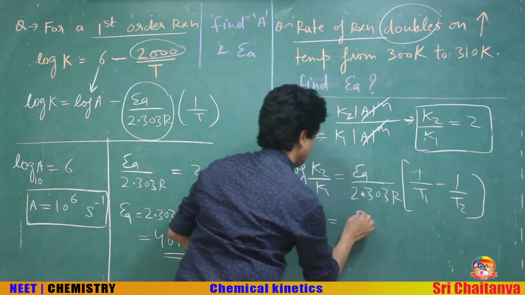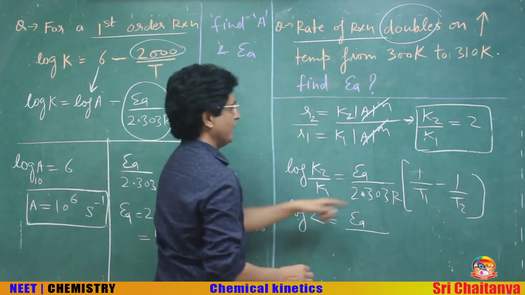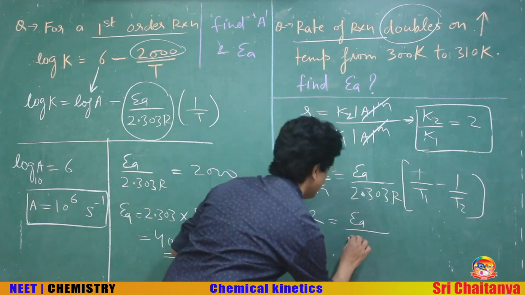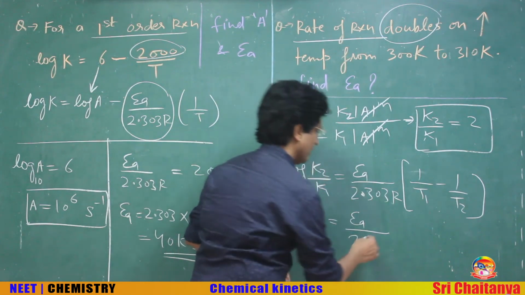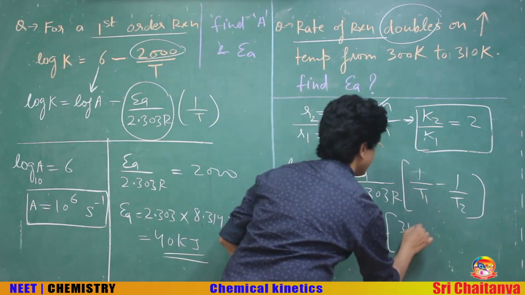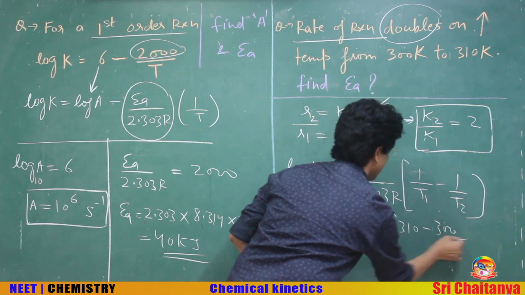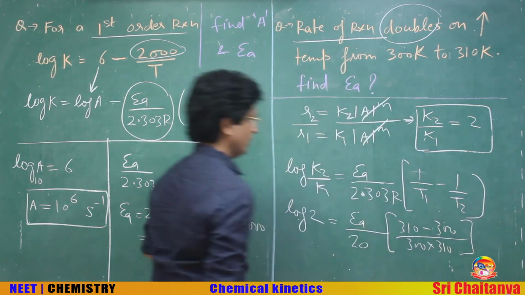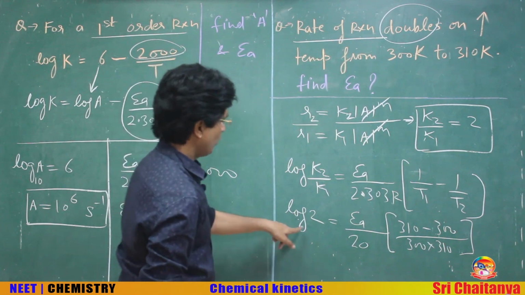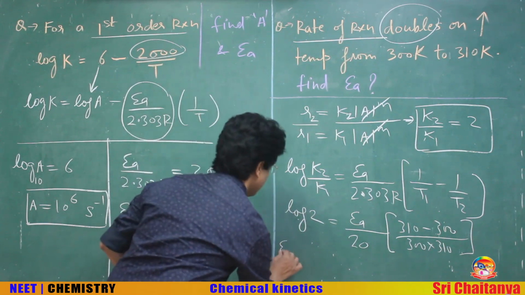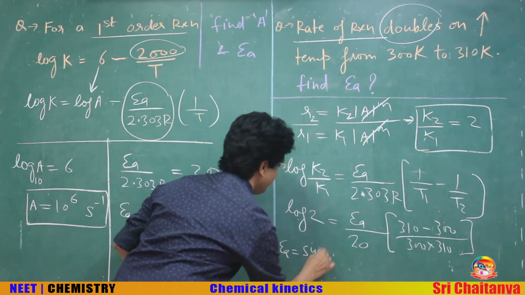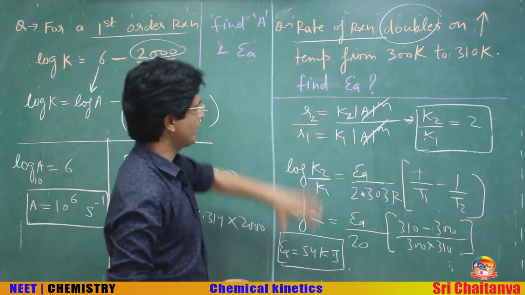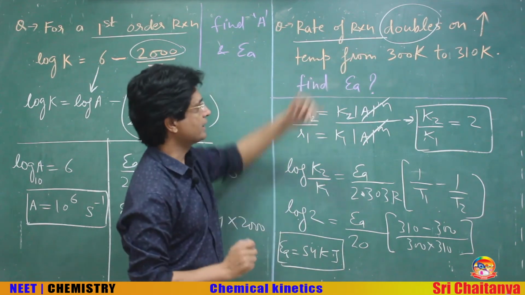For the energy of activation, I am taking R as 8.314 in joules. This will be approximately 20, and this will be 310 minus 300 upon 300 into 310. Now, when you solve that, you will get Ea equal to 54 kilojoule. This is how we are going to solve questions like this, okay?